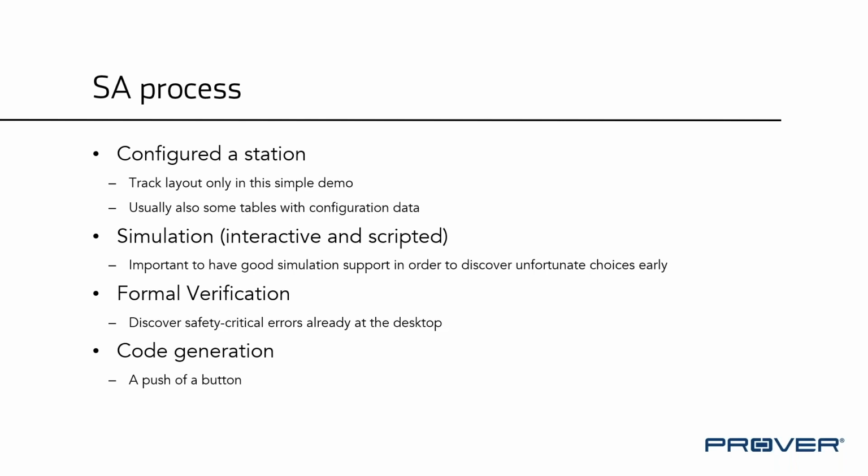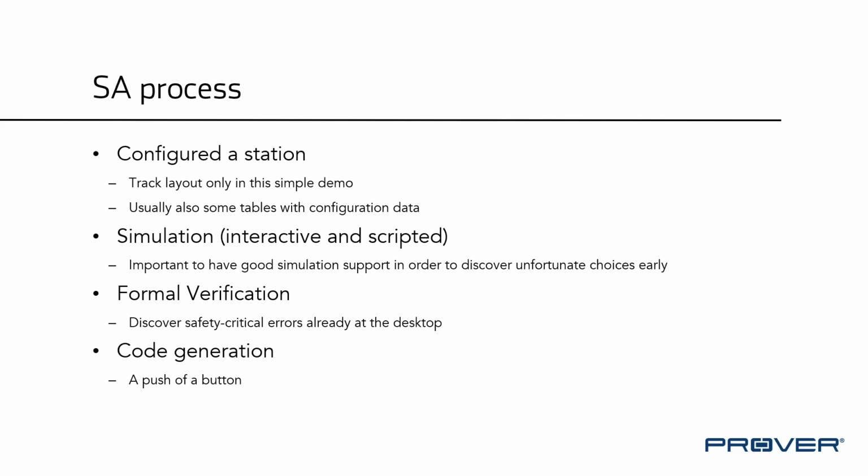If we look at what we did, some code, we configured the station, and then this simple demo is only to do a track layout. Usually, in practice, there are also some tables with configuration data to be added. Then we ran some simulation, interactive and scripted, and did some formal verification.